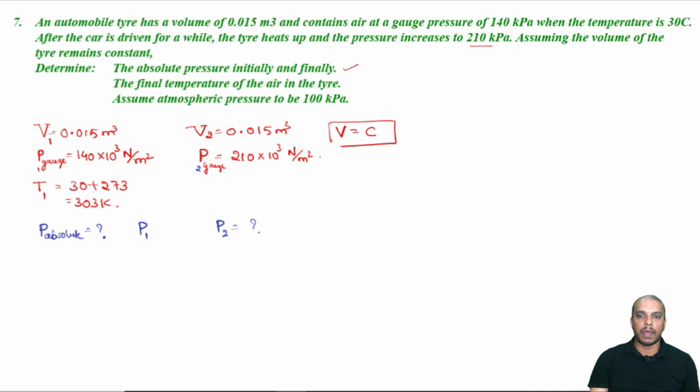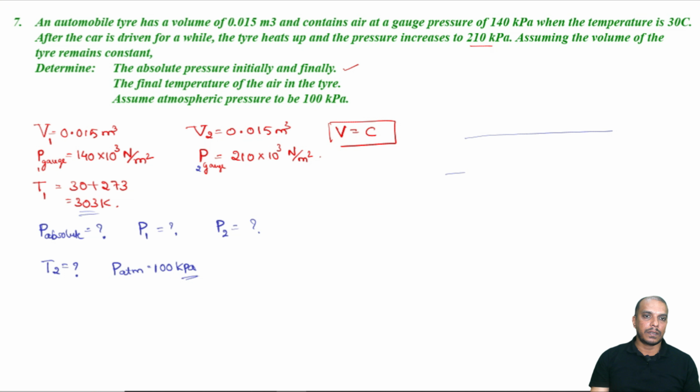Now we are interested in absolute pressure, and remember, when we were defining PV is equal to mRT, we said that the pressure is absolute and temperature is absolute temperature, that is, temperature must be in Kelvin. And we are interested in T2, the final temperature of air in the tire, and he has given you atmospheric pressure. So we must consider the atmospheric pressure as 100 kilopascal.